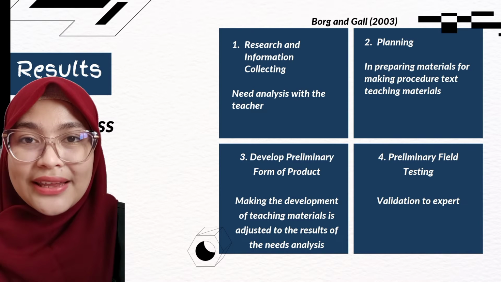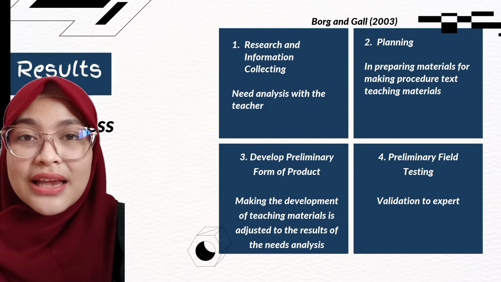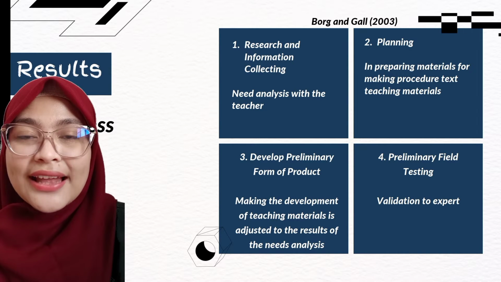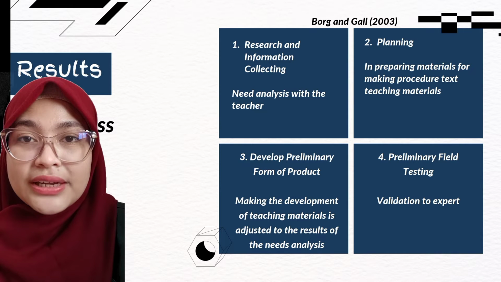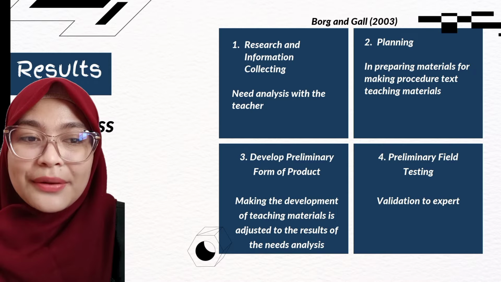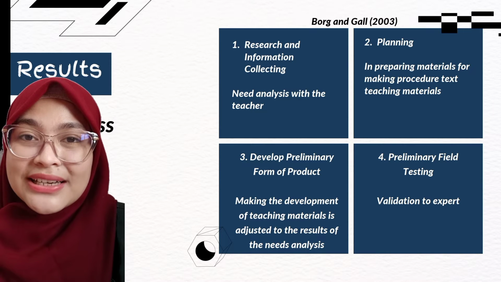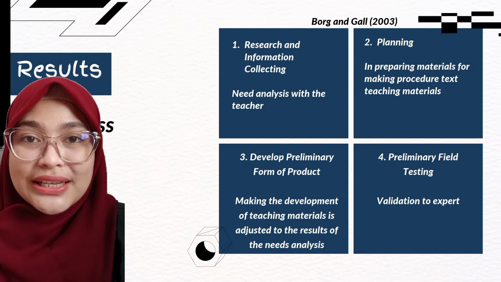Planning: preparing materials and examples based on teaching reading and the discovery learning model. 3. Develop preliminary form of product: making the development based on the resulting analysis with the teacher.